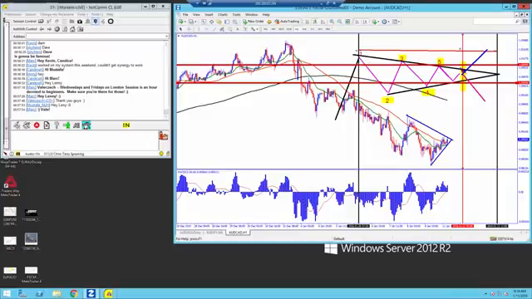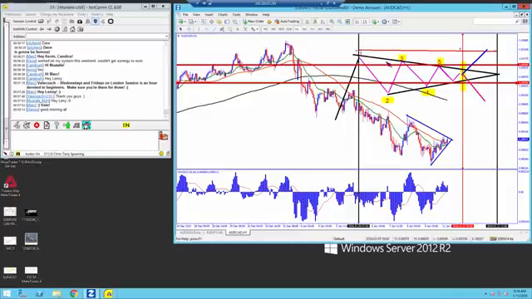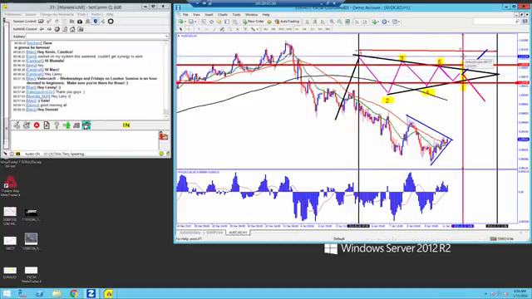That's when the pattern matures. You have the multiple data points, 1, 2, 3, 4, 5, and right here, 75% into it, is where the pattern matures, and you're anticipating a breakout.